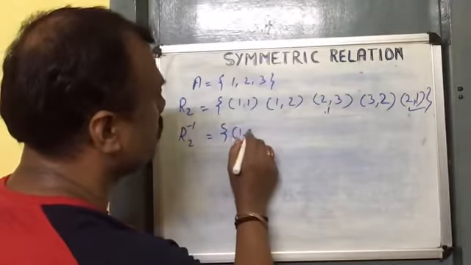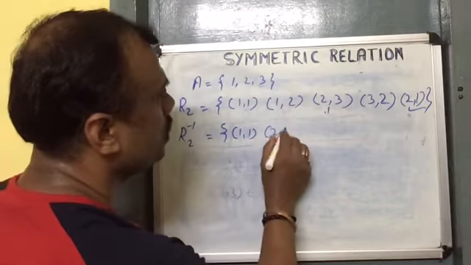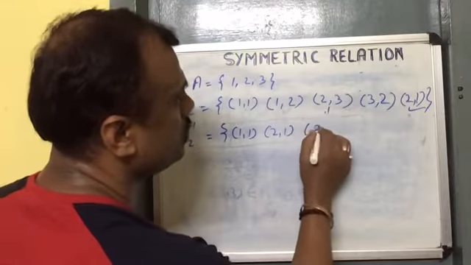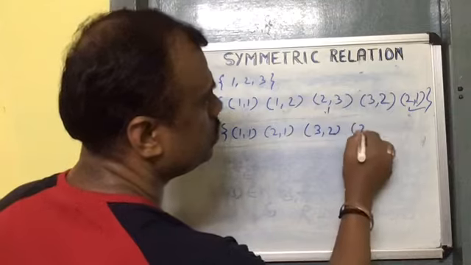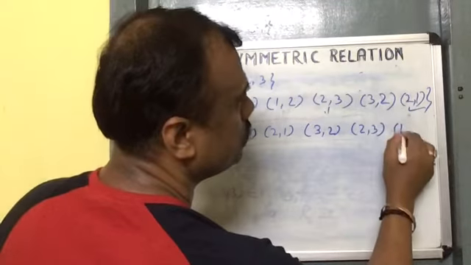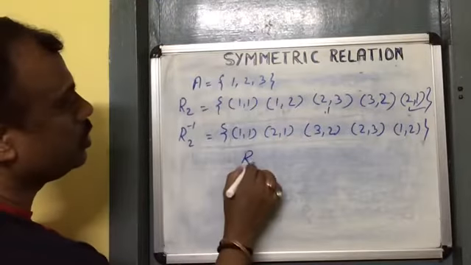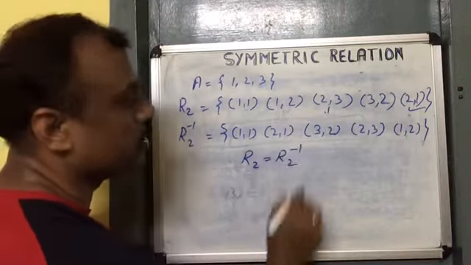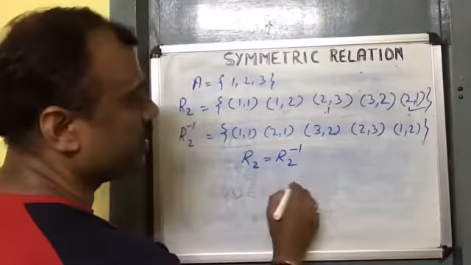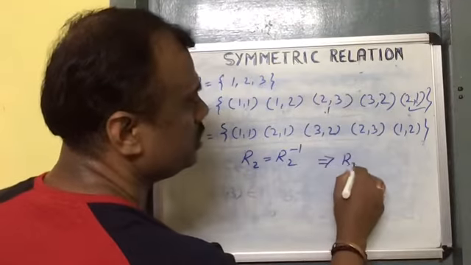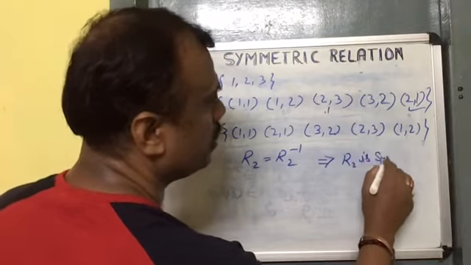So here (1, 1) stays, (1, 2) becomes (2, 1), (2, 1) becomes (1, 2), and (3, 2) becomes (2, 3). You see here R2 equals R2 inverse. In this case we can say that R2 is symmetric.